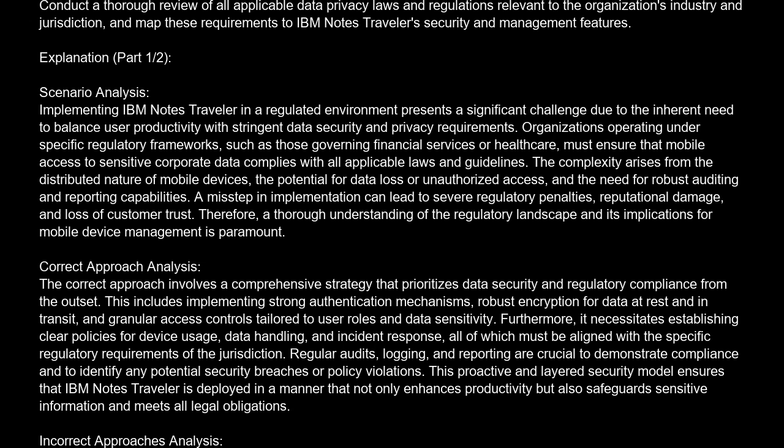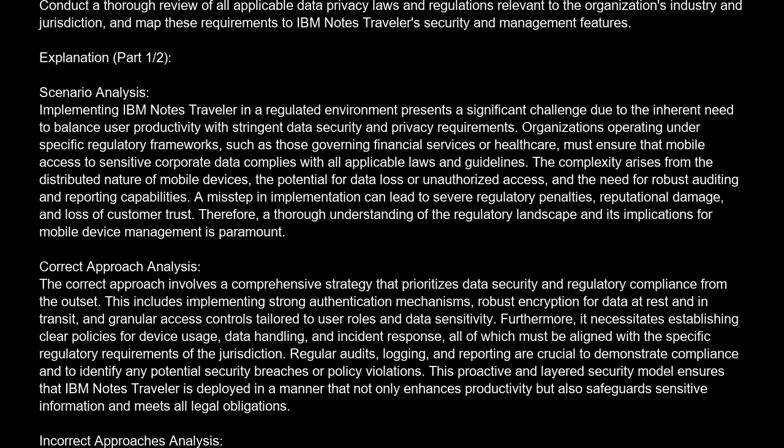Correct approach analysis. The correct approach involves a comprehensive strategy that prioritizes data security and regulatory compliance from the outset. This includes implementing strong authentication mechanisms, robust encryption for data at rest and in transit, and granular access controls tailored to user roles and data sensitivity. Furthermore, it necessitates establishing clear policies for device usage, data handling, and incident response, all of which must be aligned with the specific regulatory requirements of the jurisdiction.